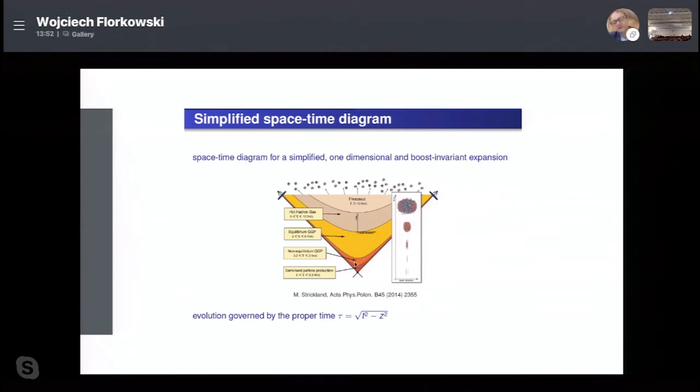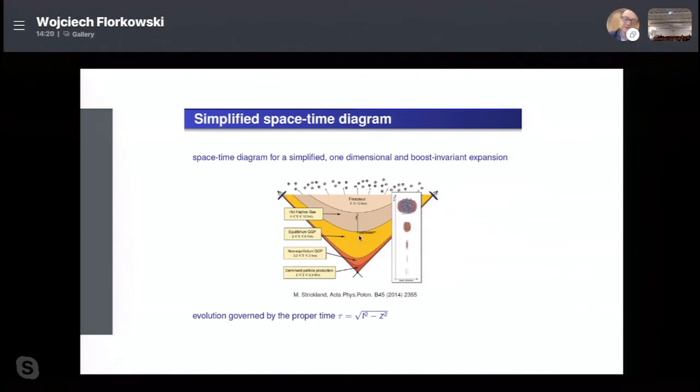So this kind of light red region is a place where dissipative hydrodynamics may work well. Then after 2 or 3 fermis, we actually are very close to local equilibrium, and then perfect fluid hydrodynamics may work as a good tool for description of the expansion of matter.